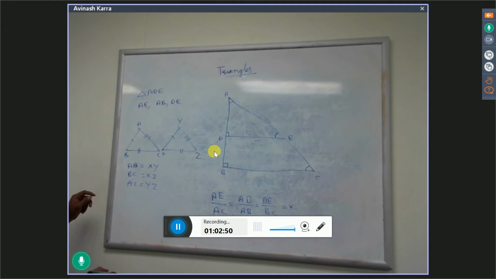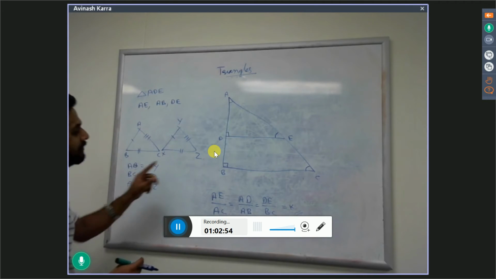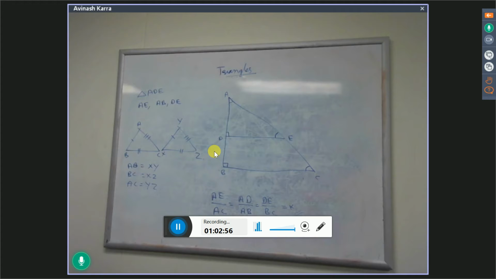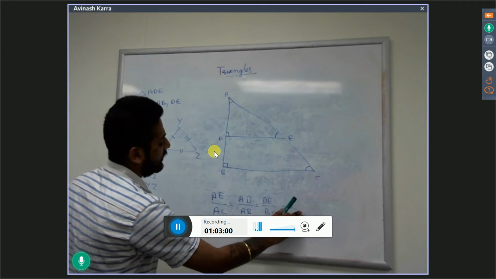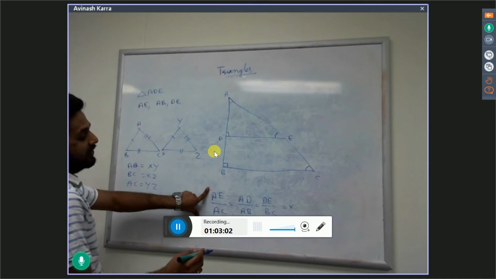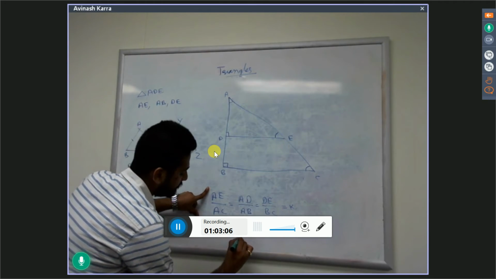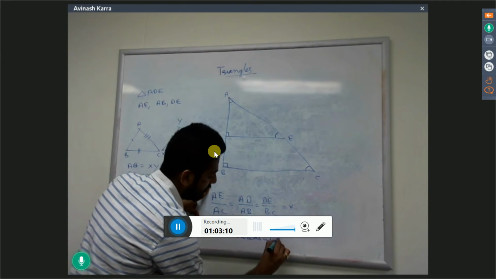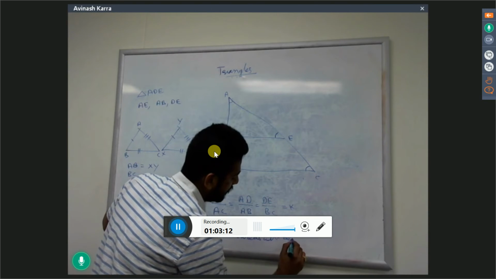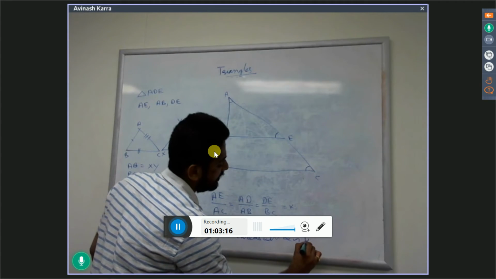Okay. And here, similar triangles, when the ratio is equal to k, then their areas will be in the ratio of k squared.